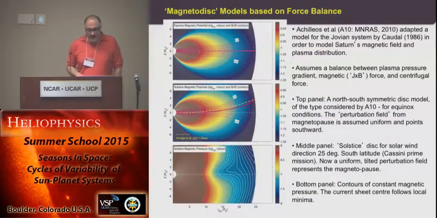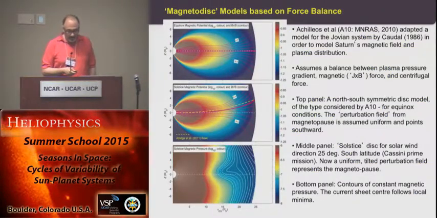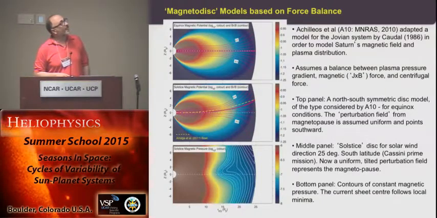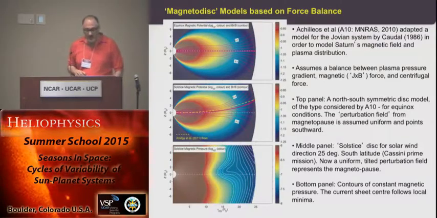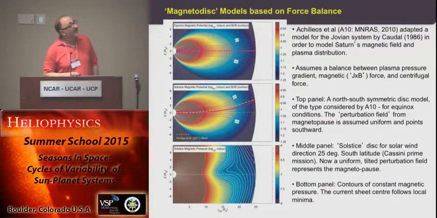Okay, so at UCL we have a relatively simple, compared to MHD simulations, magnetodisk model, and a brief history of the model is shown here. Basically what we did is we adopted Gerard Caudal's model formalism for the Jovian magnetodisk, and we adapted it for the case of Saturn using Cassini data to construct our boundary conditions.